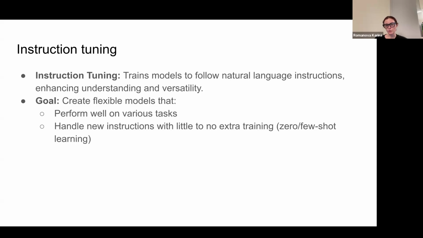This process not only improves performance on practical tasks, but also enables models to generalize their understanding of instructions, making them more versatile and effective in real-world applications.